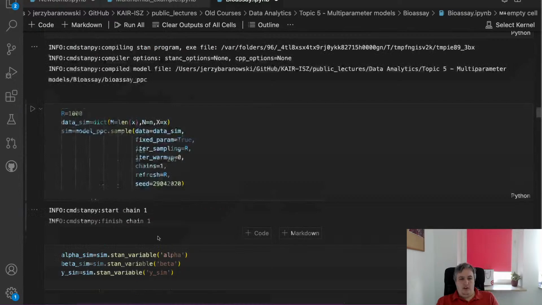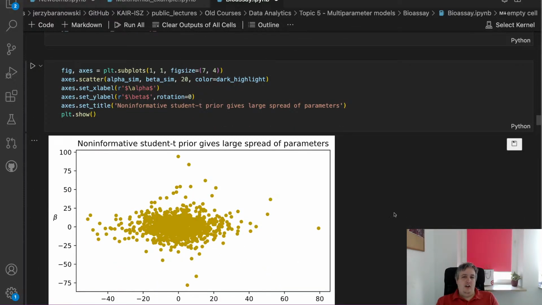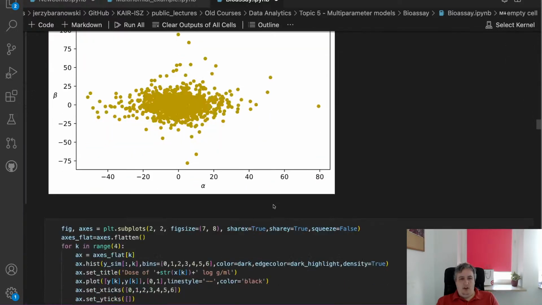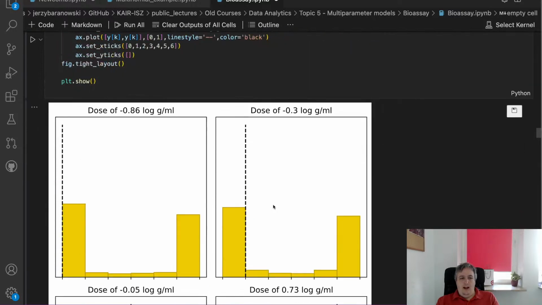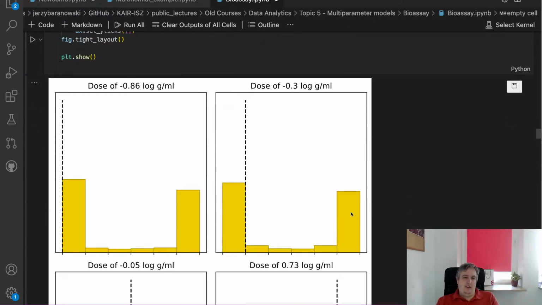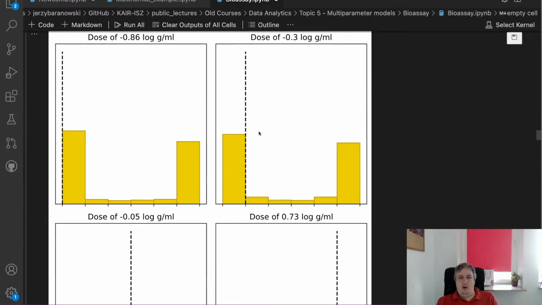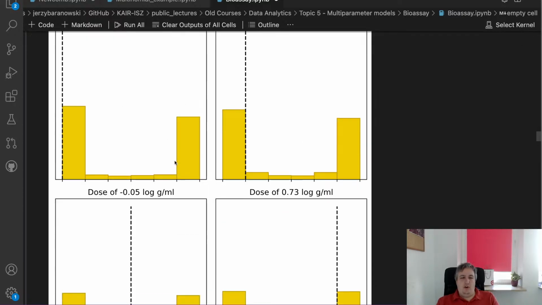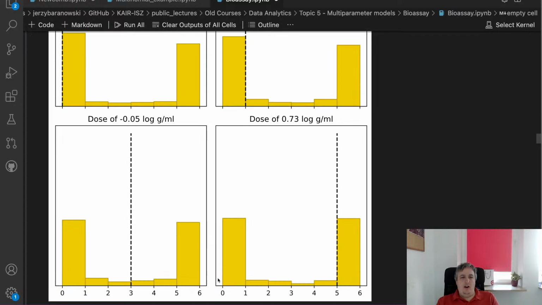prior predictive check option, and we can see that when we have a non-informative student prior, we will get a large spread of parameters, and that causes an over-representation of values on the edges of the possibilities, of either all die or most of them, or all die or most of them survive.